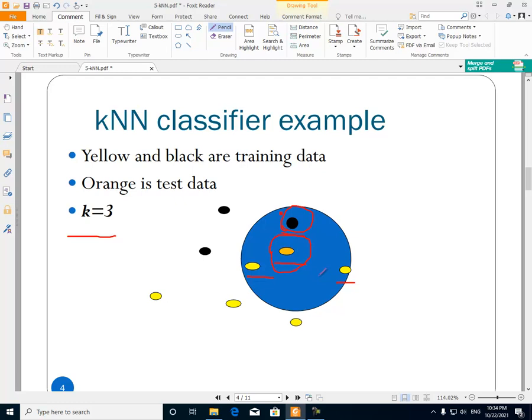It assumes that the data has a similar behavior as its neighbors. The nearest neighbors, that's the name of the classifier. KNN means K nearest neighbors. NN means nearest neighbors.